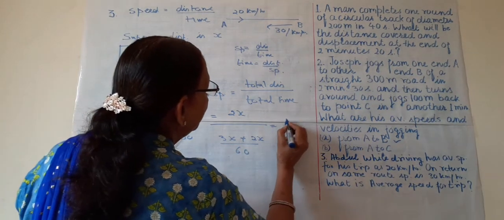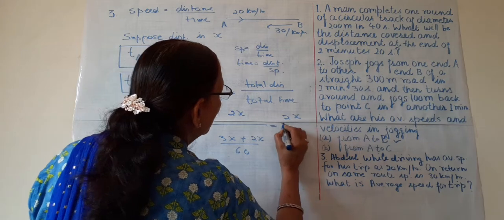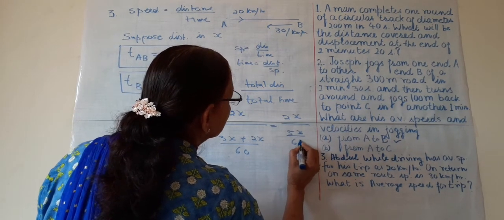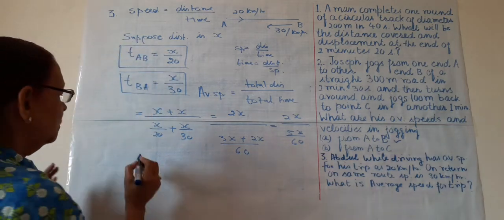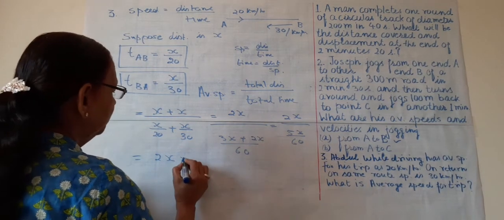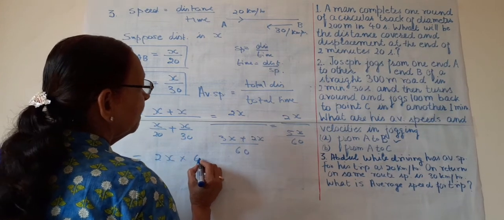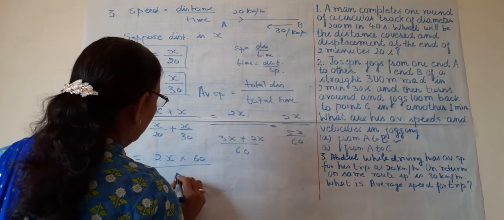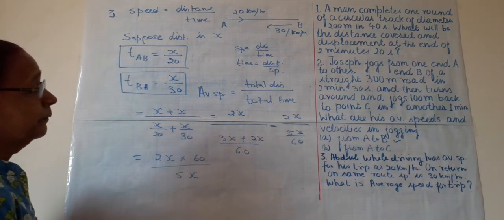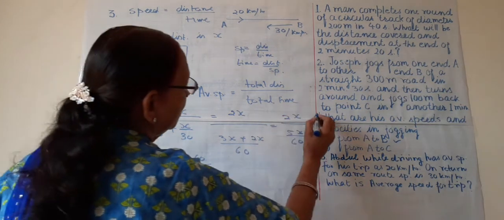So it will be 2x upon 5x upon 60. So this 60 will come here and 5x will come here. Is it okay?